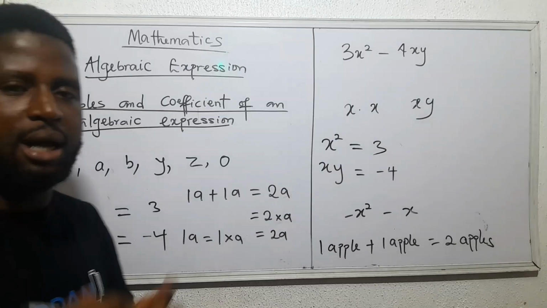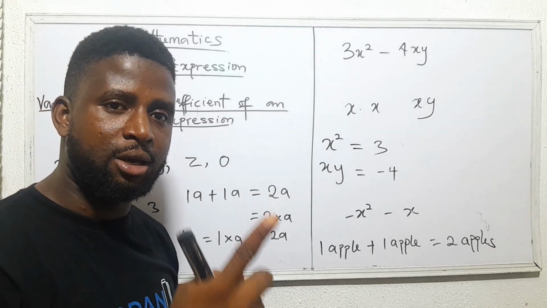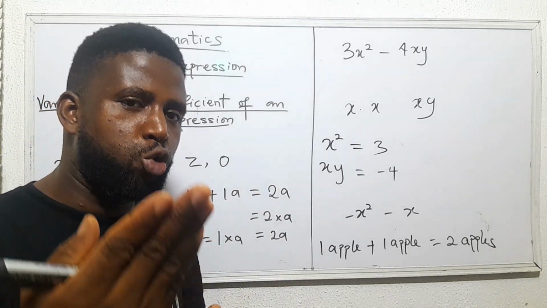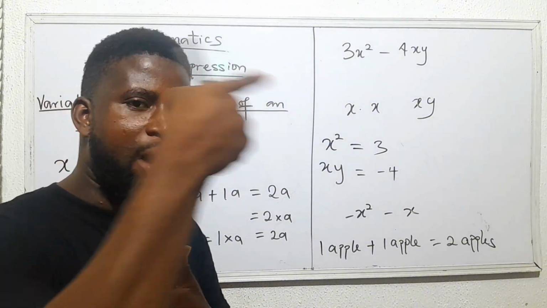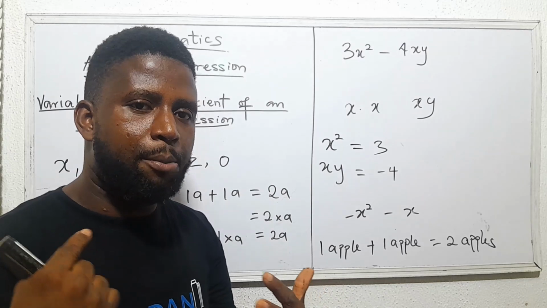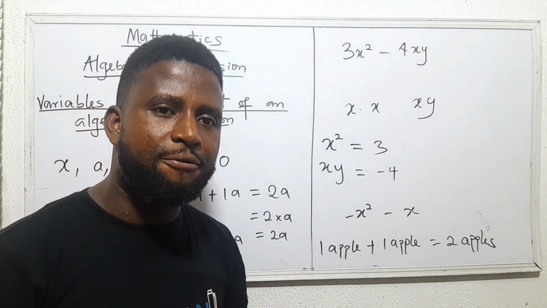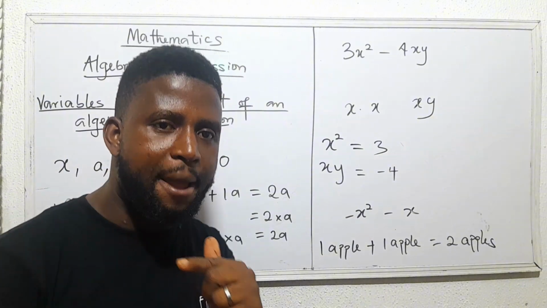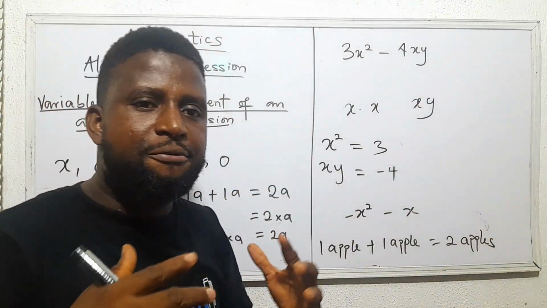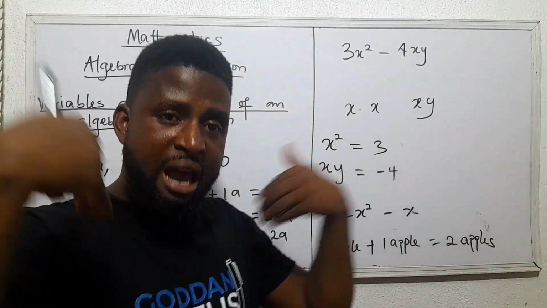In mathematics, when you multiply anything by the identity, by 1, it gives you that thing back. If I have 2 and I'm multiplying 2 by 1, it gives me 2. If I have 5 and I'm multiplying 5 by 1, it gives me 5. If I have biscuits and I'm multiplying biscuits by 1, it gives me biscuits back. If I have a and I'm multiplying a by 1, it gives me a back.